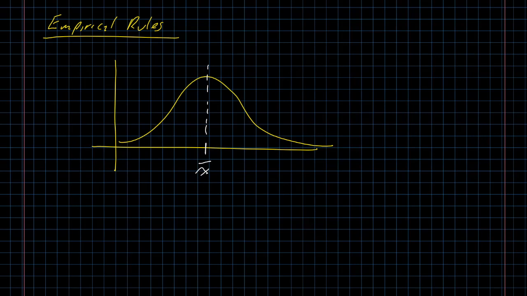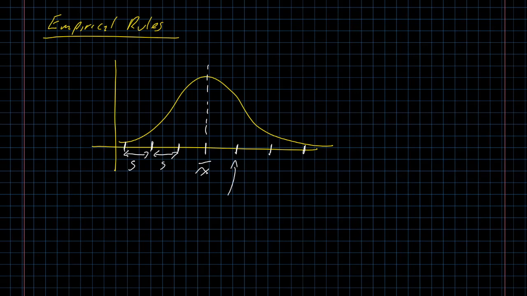Now, what I want to do is take steps centered around the mean of the distribution, so that the length of each step is the size of the standard deviation.